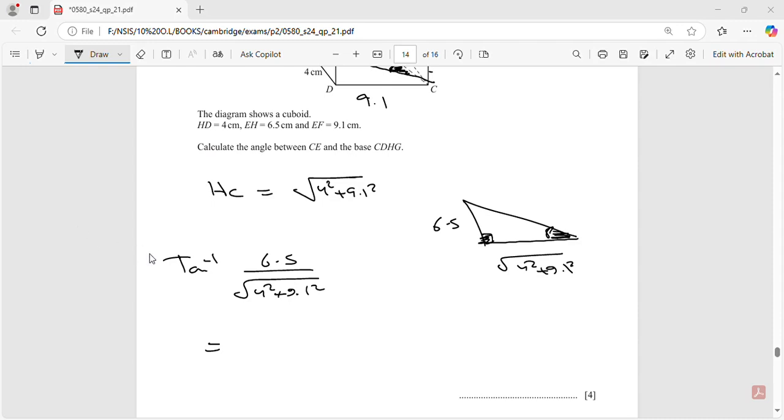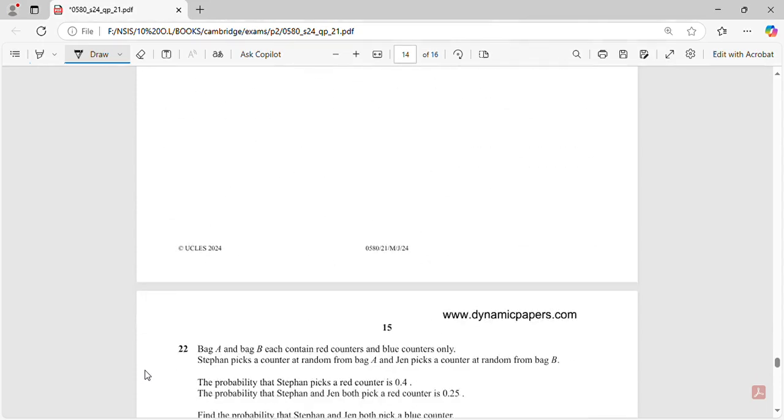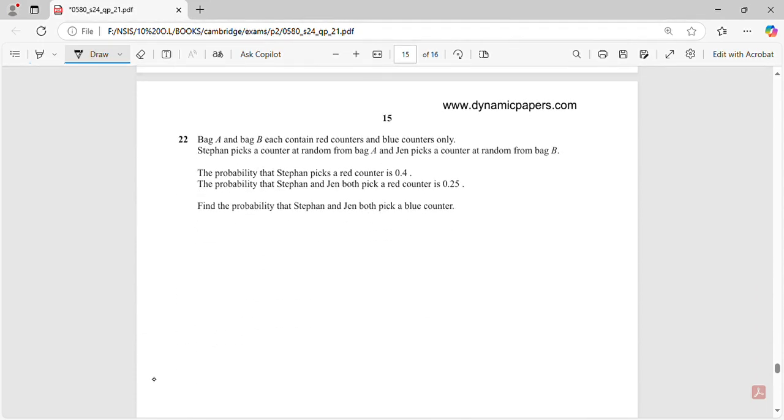So shift 10, put a bracket, 6.5 down, put the root, it will be 16 plus 9.1 power of 2. Now go one right, close it, and the final answer will be 33.18, or you can write 33.2.